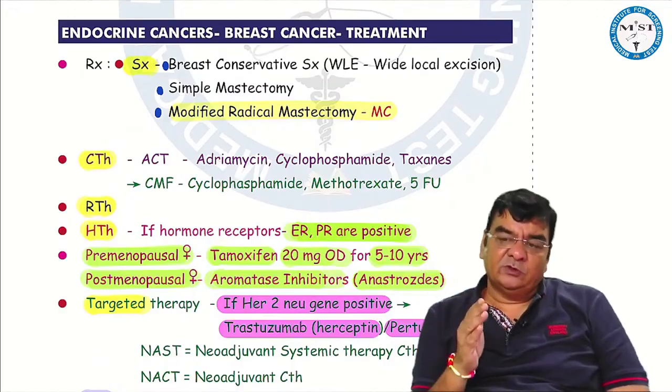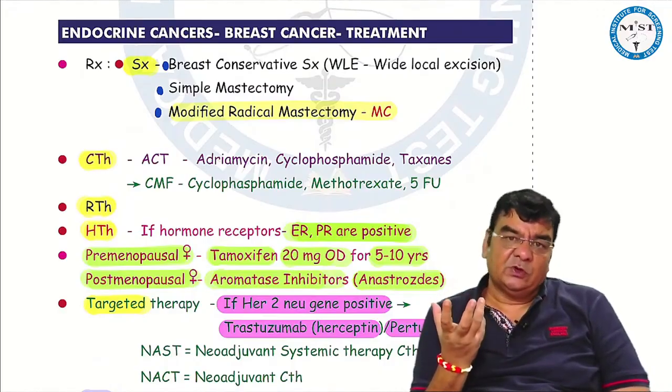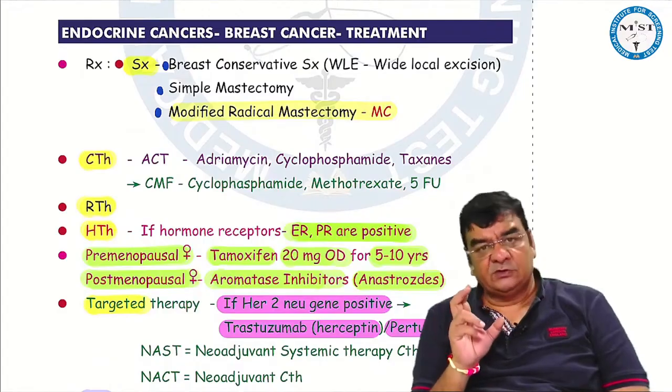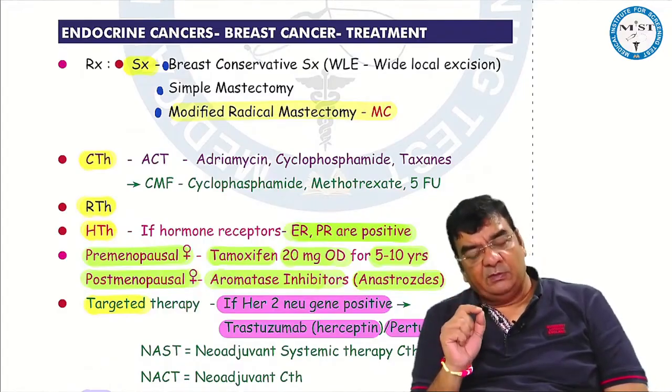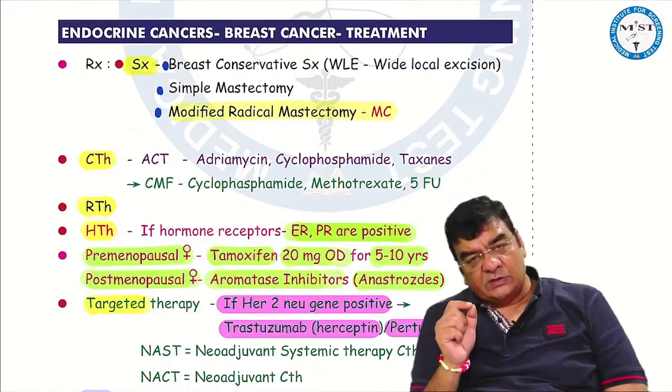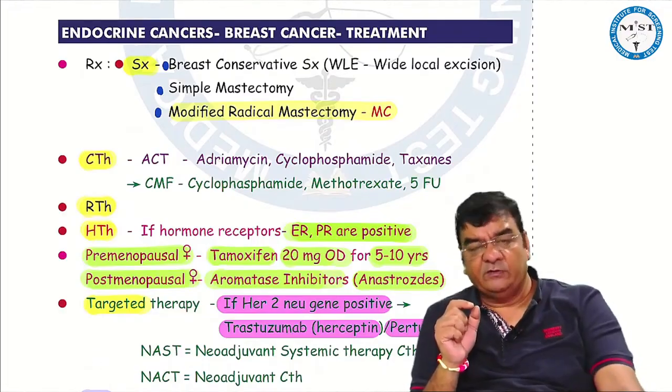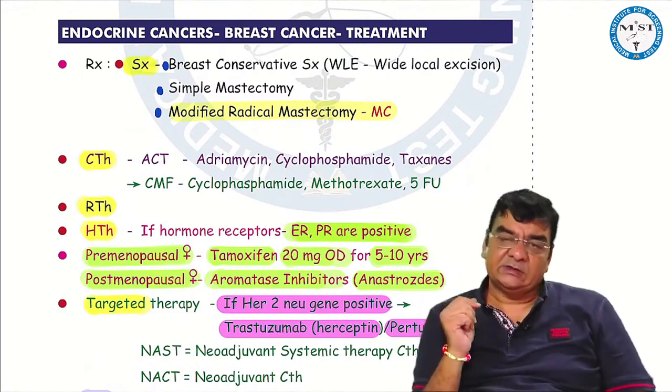In premenopausal females, because the estrogen load is high, we give the selective estrogen receptor modulator tamoxifen, which is given as 20 milligram once a day for 5 to 10 years. If it's a low risk patient, then for 5 years, high risk patient for 10 years.